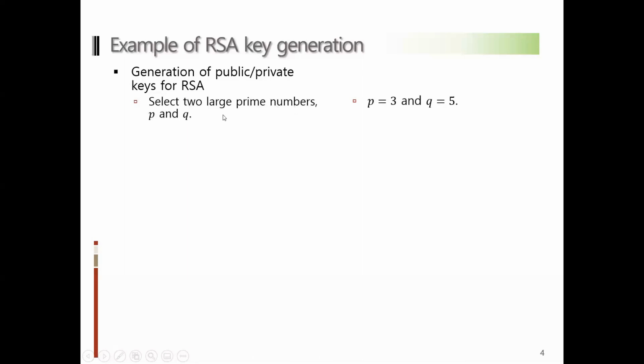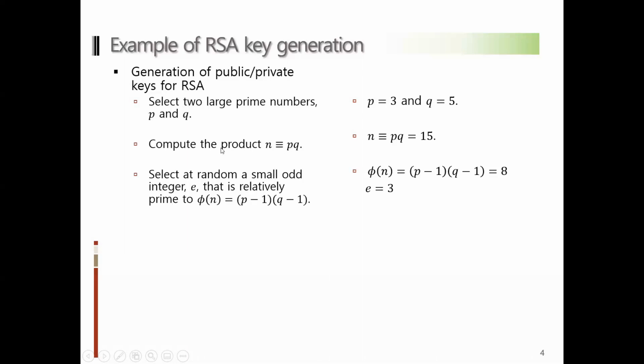Once you have selected these two numbers, you calculate the product of these two numbers, n. The next thing we calculate is this value, phi of n, which is called Euler's totient function.